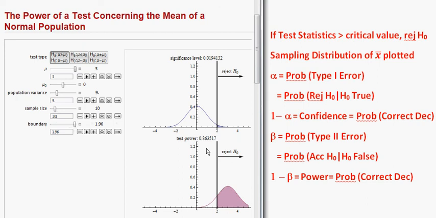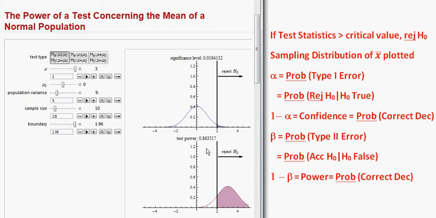Okay, so in real life, how do we balance alpha and beta? That determination is based upon the consequences of type 1 and type 2 error. Understanding the consequences of type 1, type 2 error would help us choose alpha and beta appropriately. So let's talk about a quick example.